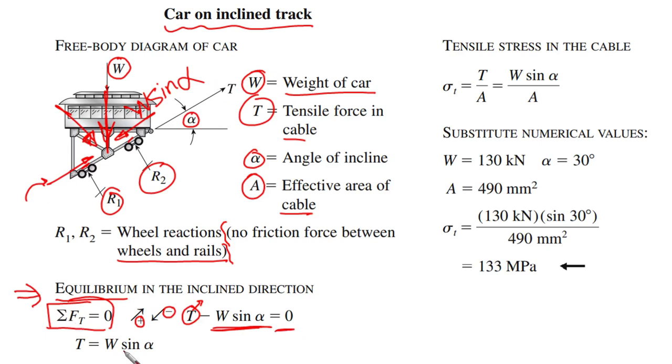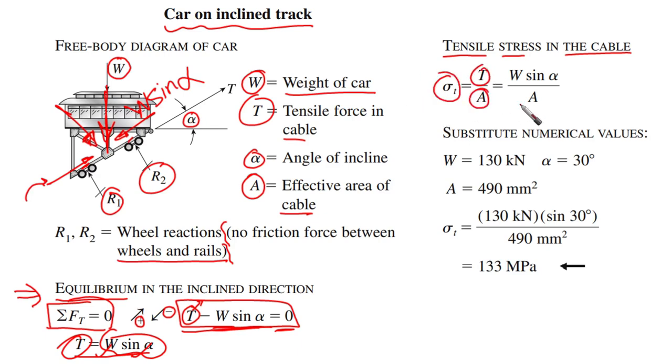So simply, after rearrangement of this equation, we can say T equals W sine alpha. We know W, we know sine alpha, then we can obtain T simply, right? So this means that the tensile stress in this cable, sigma T, equals T over A, the effective area of the cable, which equals W sine alpha over A.